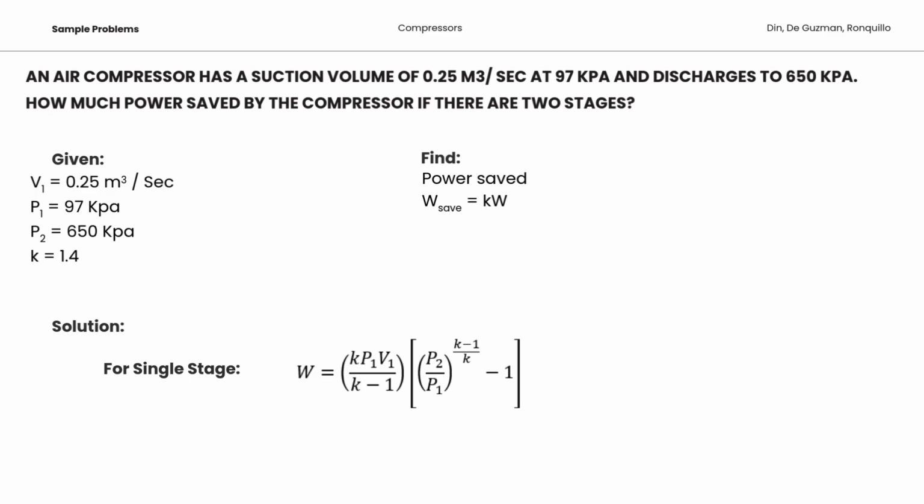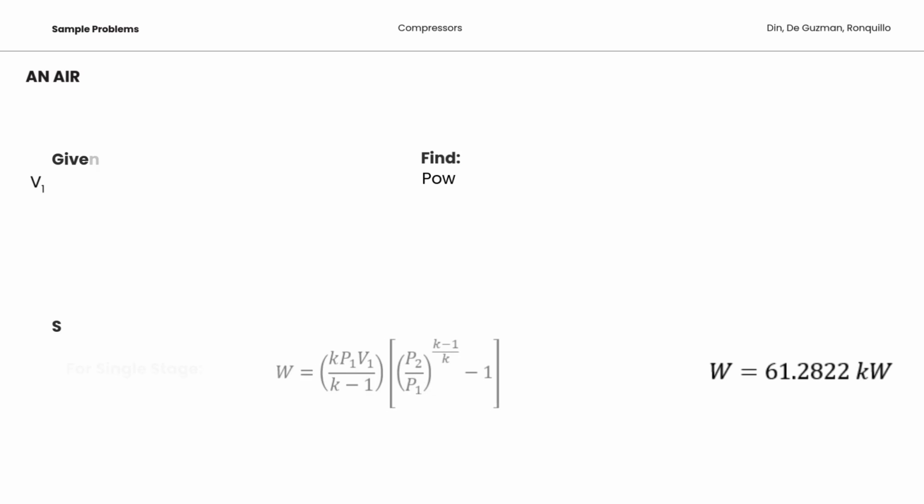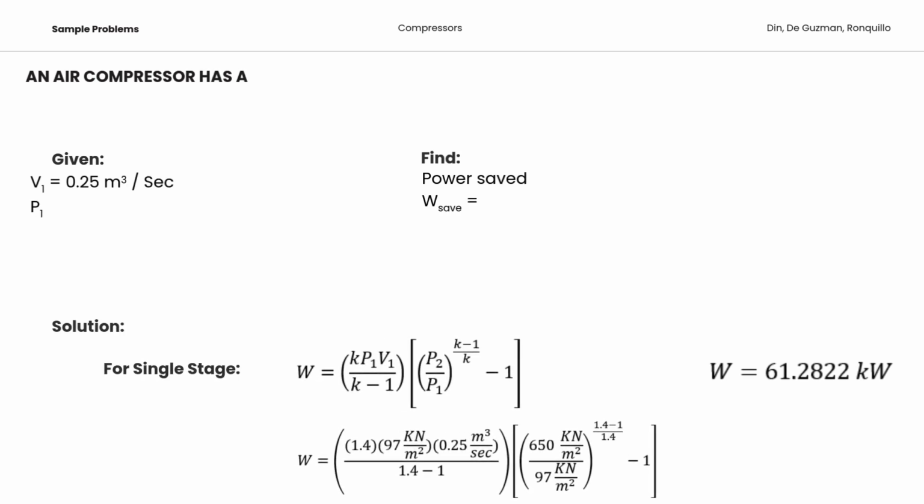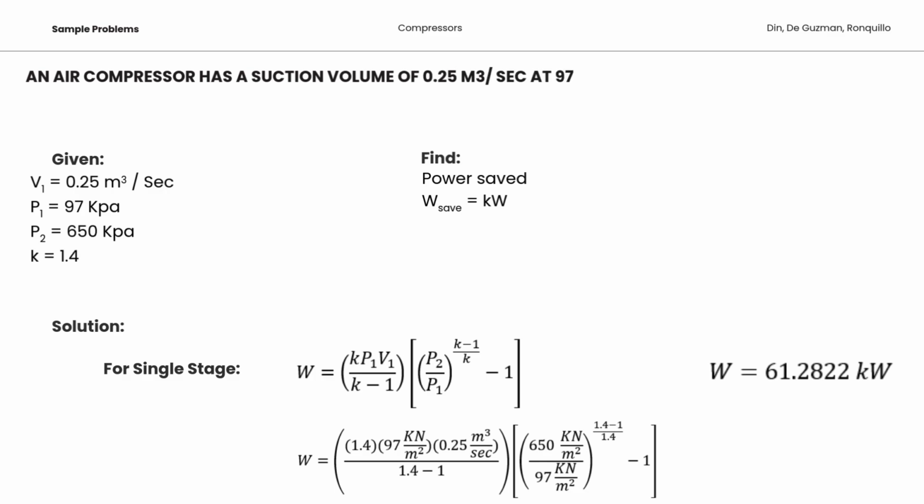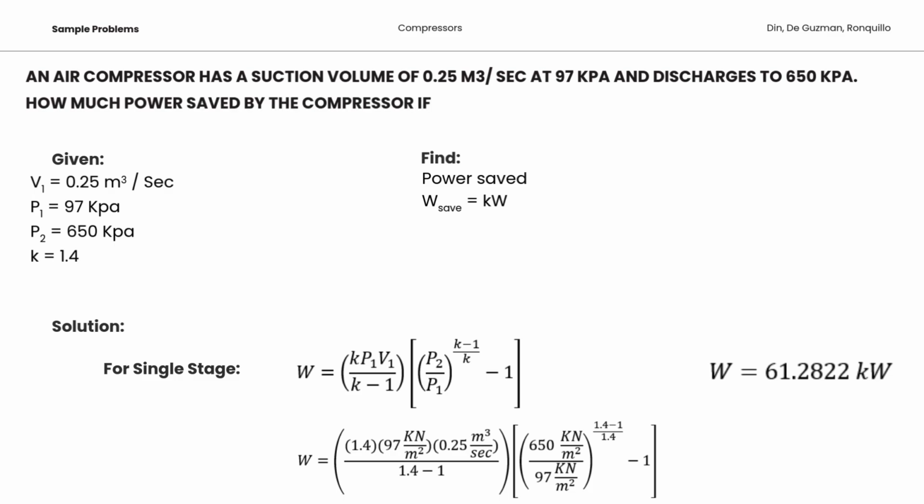unit niyan. So, sa solution natin for single stage, gamitin natin ang formulang to. Tapos direct substitution lang ng value natin. Magkakaroon tayo ng unit analysis natin after yung substitution ng mga given, magkakancel yung cubic meter per second sa meter squared nung kPa natin.